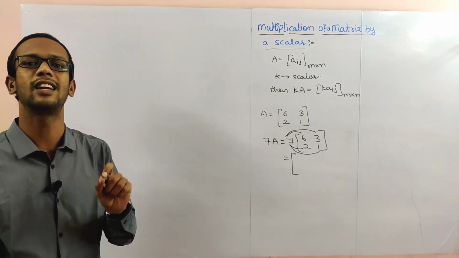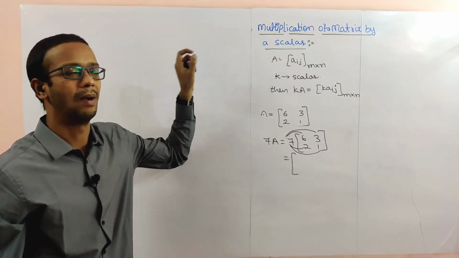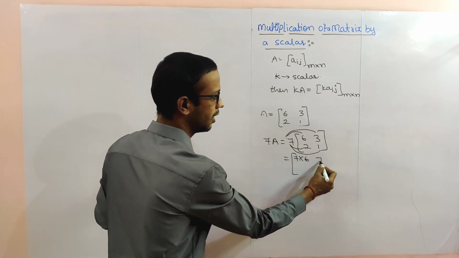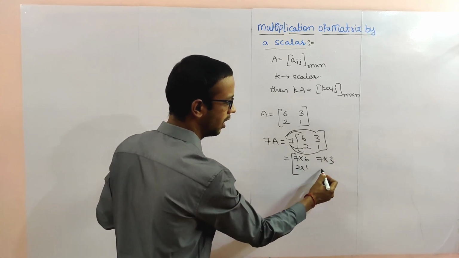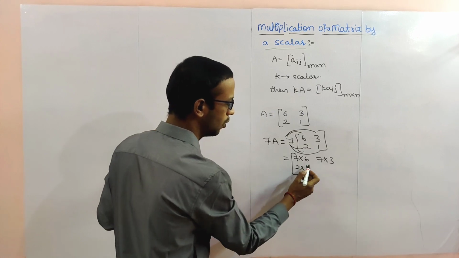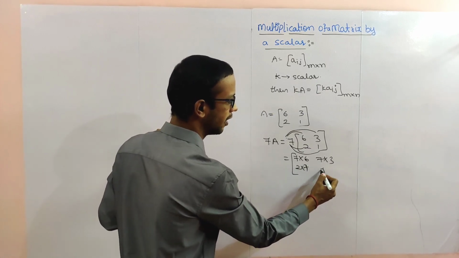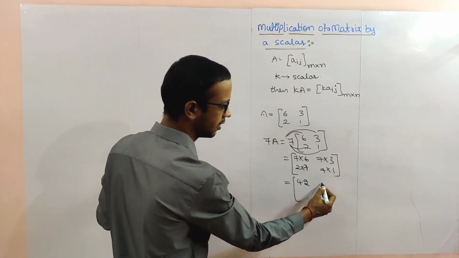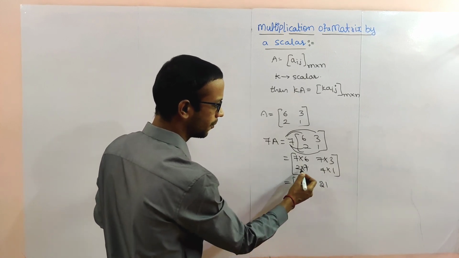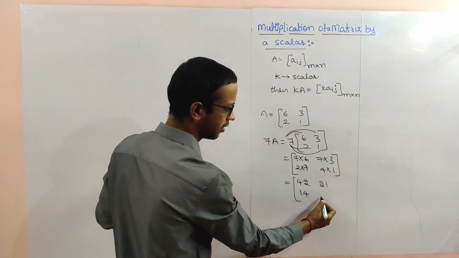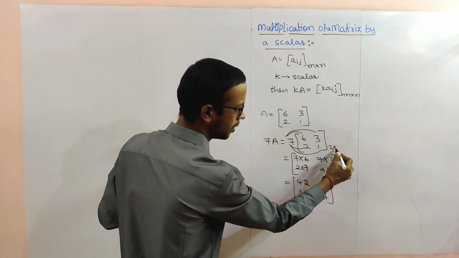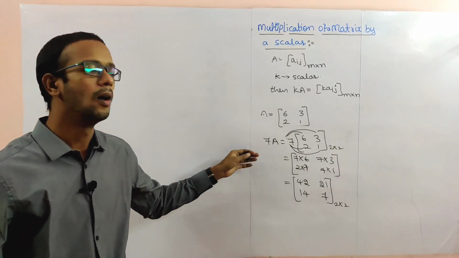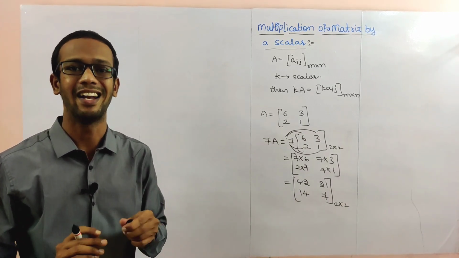That is called scalar multiplication, multiplication of a matrix by a scalar. 7 into 6, 7 into 3, 7 into 2, 7 into 1. 7 sixes are 42 and 7 threes are 21, next 14, next 7. So the result you can see is a 2 by 2 matrix, and the original is also a 2 by 2 matrix. So this is the way of doing multiplication of a matrix by a scalar.